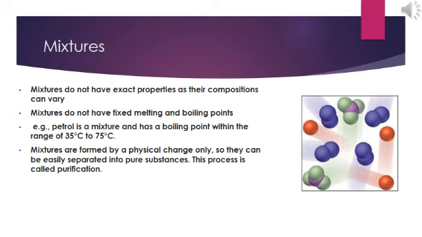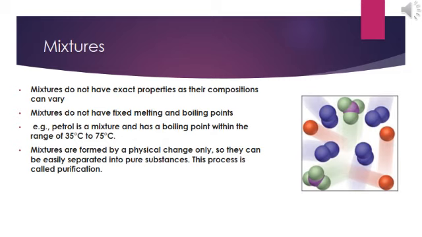Mixtures do not have fixed melting and boiling points. A pure substance, as we have previously discussed, will have a fixed melting point and fixed boiling point. But a mixture, as its composition varies, the composition is not fixed, so it does not have a fixed melting point and boiling point.